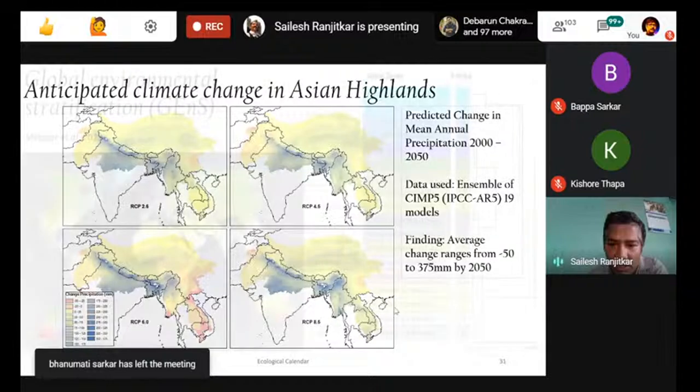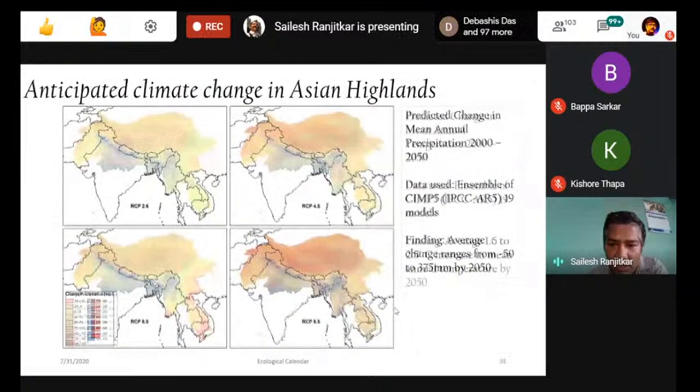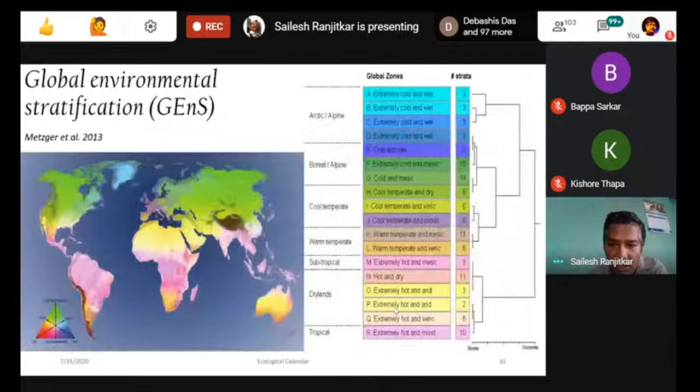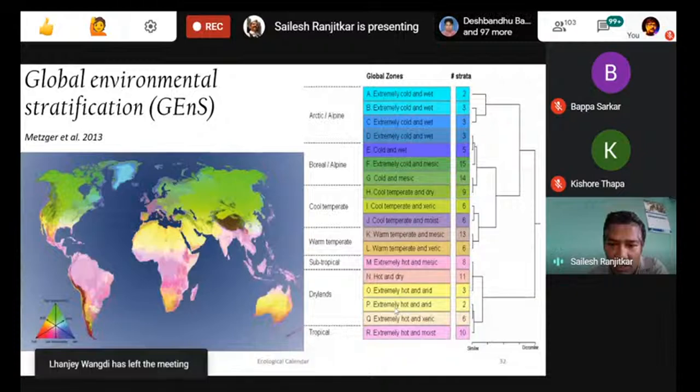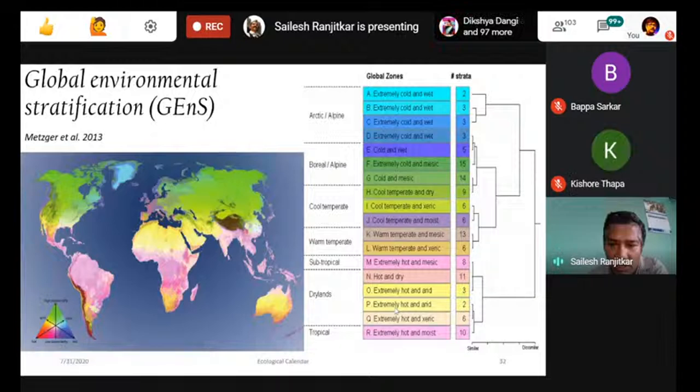So what do these temperature and precipitation changes indicate? Definitely a change in the vegetation might be there. There is a paper by Metzger et al. published in 2013 about global environmental stratification. This is a new system of dividing ecosystems based on climatic information. The climatic information used here is temperature seasonality, annual temperature, the aridity index, and the potential evapotranspiration index.